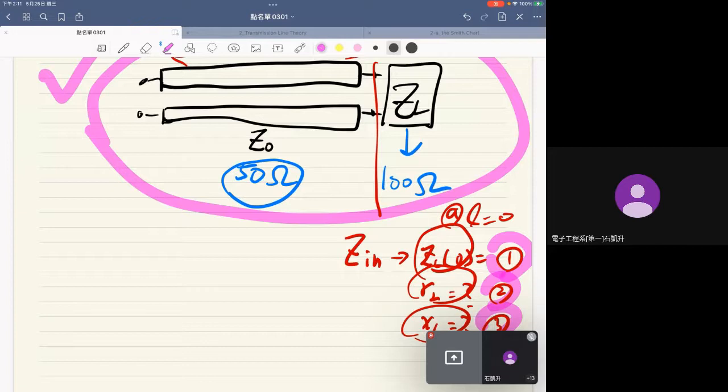Please denote. 帮忙标个编号好不好？1、2、3。Okay, 5 more seconds. 5, 4, 3, 2, 1.